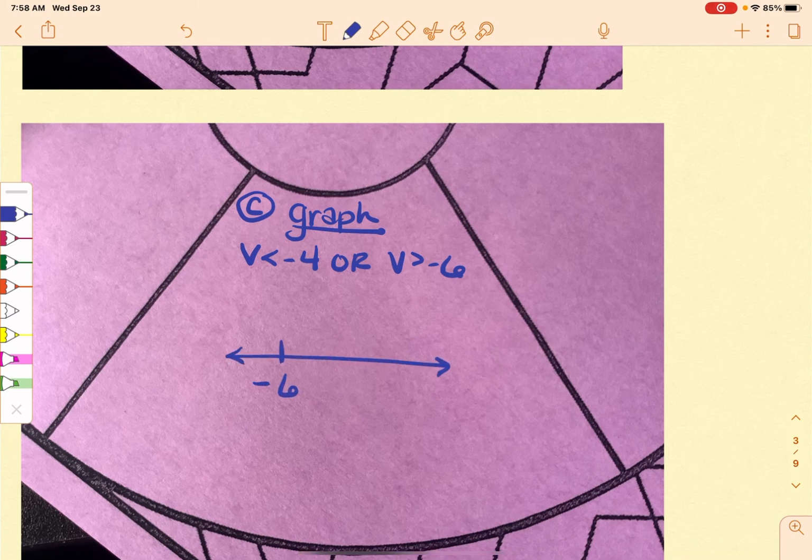I'm going to put those where they would go on the number line. Remember, -4 is going to be higher than -6 on this number line, so just be aware of that. Both of these are going to have open circles. If I start with this first one, it's going to be an open circle at -4, right here. Because my variable goes first, this points the way the line's going to go, so it goes this way.